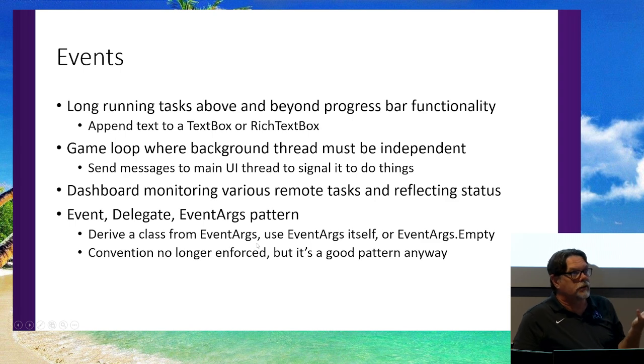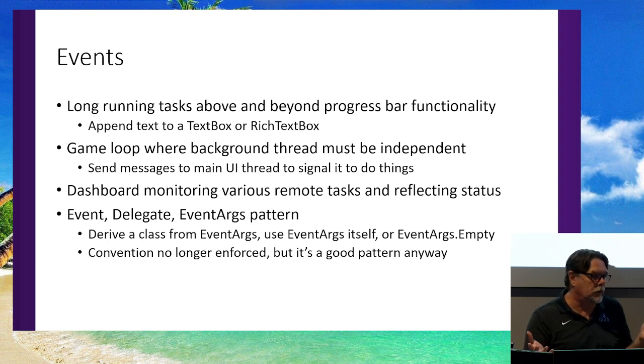The event args class has a string value. So if you don't have anything other than just a string that you need to pass to your event handler, just use event args. It supports that already. And if you don't have any data, you're just letting it know that something happened, you can pass eventargs.empty, which is just a cheap way of creating an event args object that doesn't have anything in it.